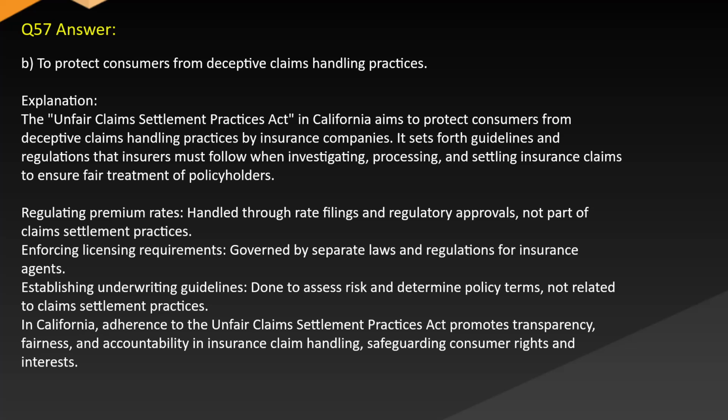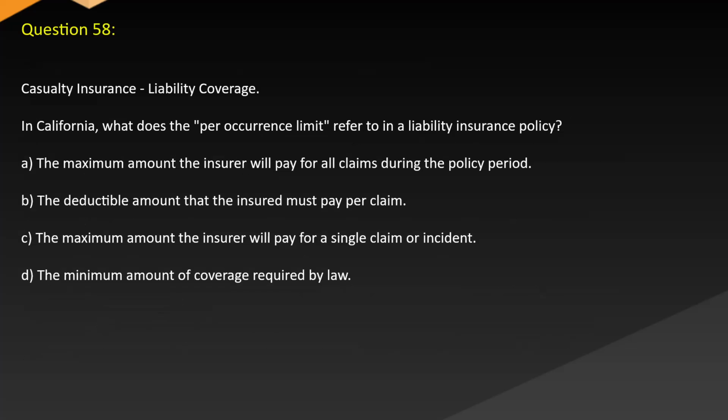Enforcing licensing requirements is governed by separate laws and regulations for insurance agents. Establishing underwriting guidelines is done to assess risk and determine policy terms, not related to claims settlement practices. In California, adherence to the Unfair Claims Settlement Practices Act promotes transparency, fairness, and accountability in insurance claim handling, safeguarding consumer rights and interests.